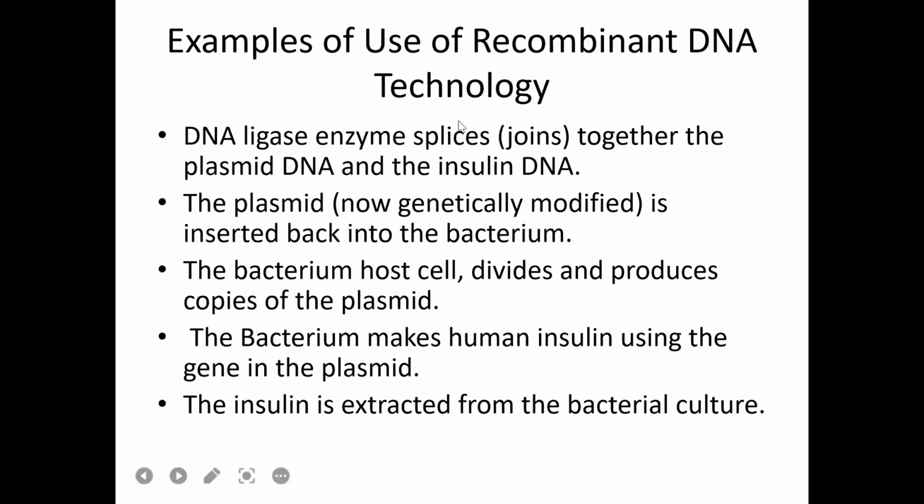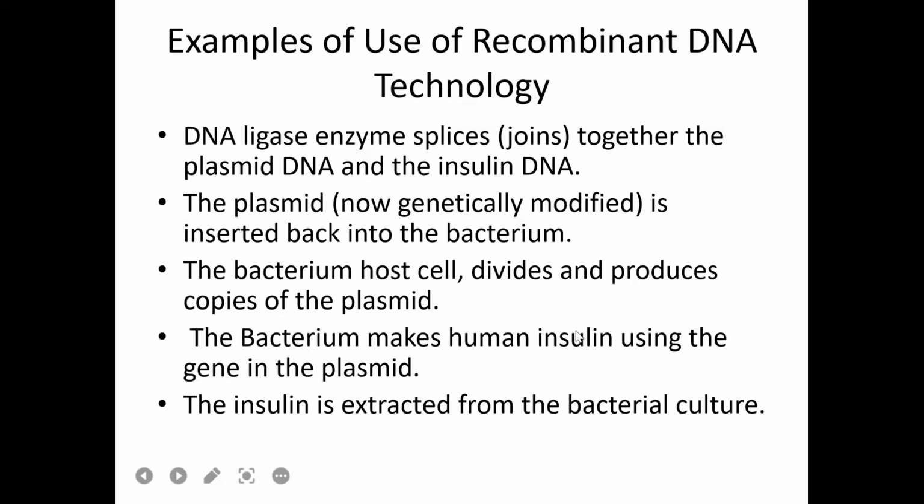Now, the plasmid is inserted back into the bacteria. Then what happens? The bacteria will be the host cell. The bacteria will multiply and produce many copies of the plasmid. After that, the bacterium makes human insulin using the gene in the plasmid. So which insulin is produced?